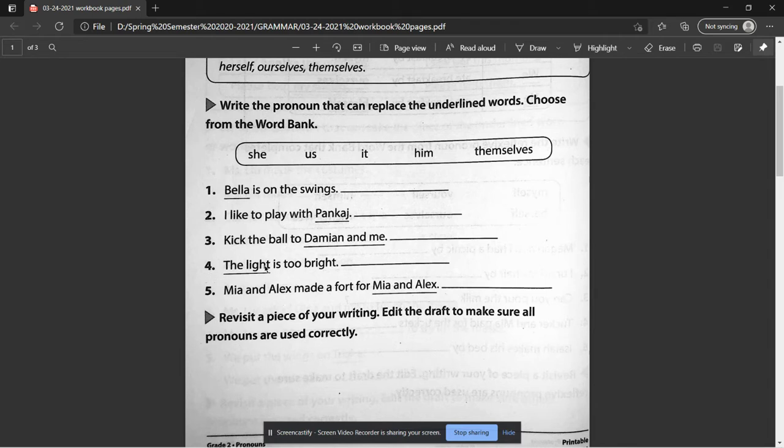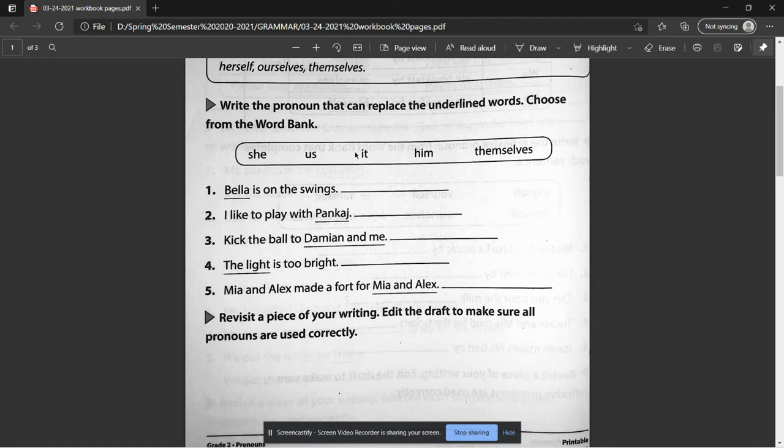Number 4, the light is too bright. The light. Is this a person or is this a thing? It's a thing. It's not a person. So, what pronoun do I have here that is meant to be used only for things? Ding, ding, ding. This one. It. It is too bright.